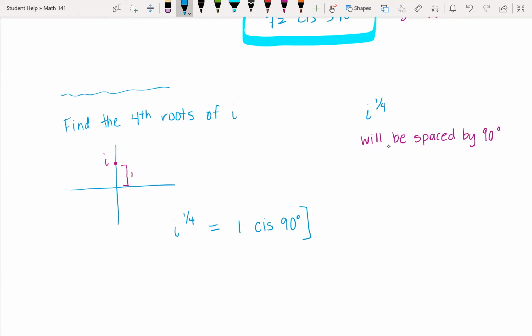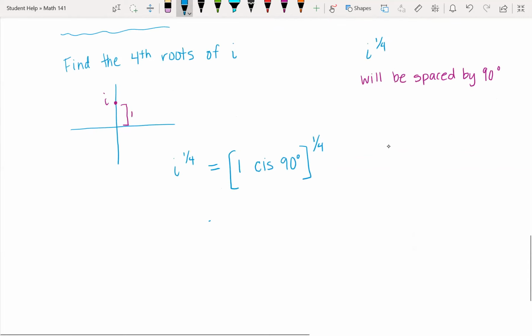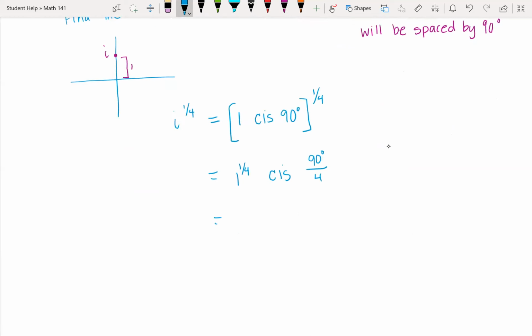So I'm thinking about this raised to the 1/4 power. The theorem says that we can take the r value, and in this case, take the 4th root of it. And then for my first angle, I'll take the original angle, 90 degrees, and divide it by 4. So 1 to the 1/4 power is just going to be 1. And then our first angle is going to be 22.5 degrees. So this is our first answer.